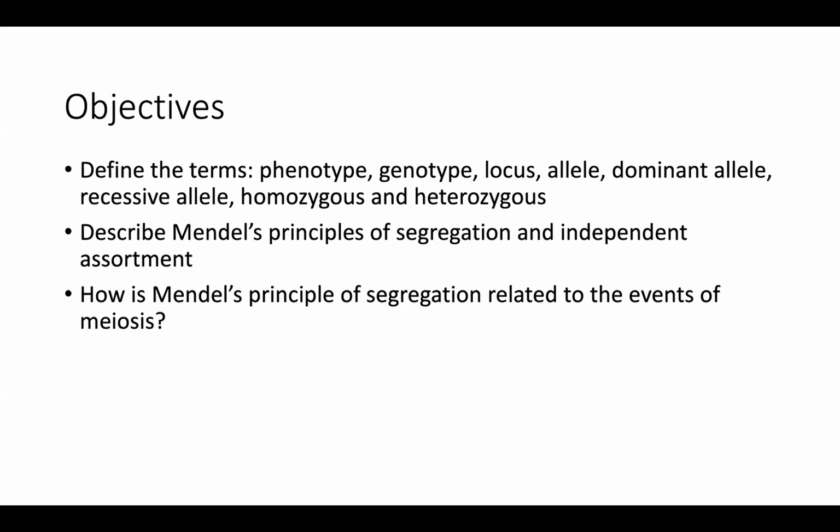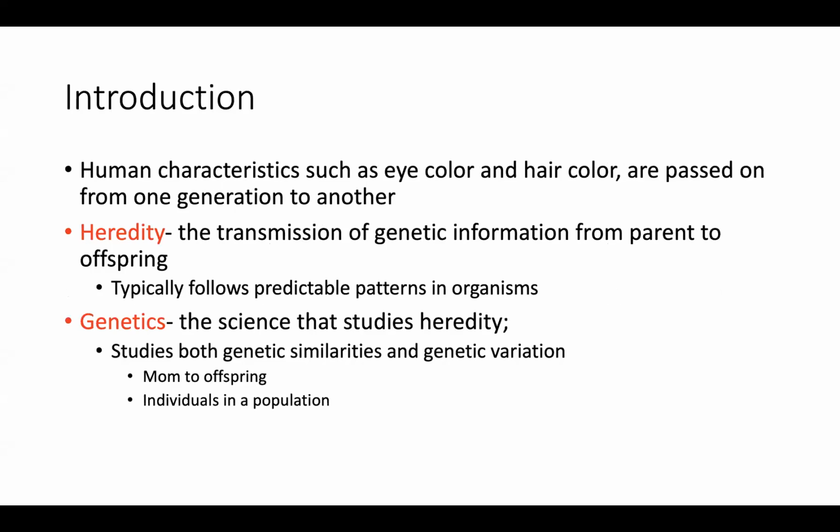Some principles of inheritance. As we already mentioned, human characteristics such as our eye color and our hair color are traits that are passed on from one generation to the next, right? And so heredity, by definition, is the transmission of genetic information from parent to offspring. That is heredity. Genetics, on the other hand, is a science.